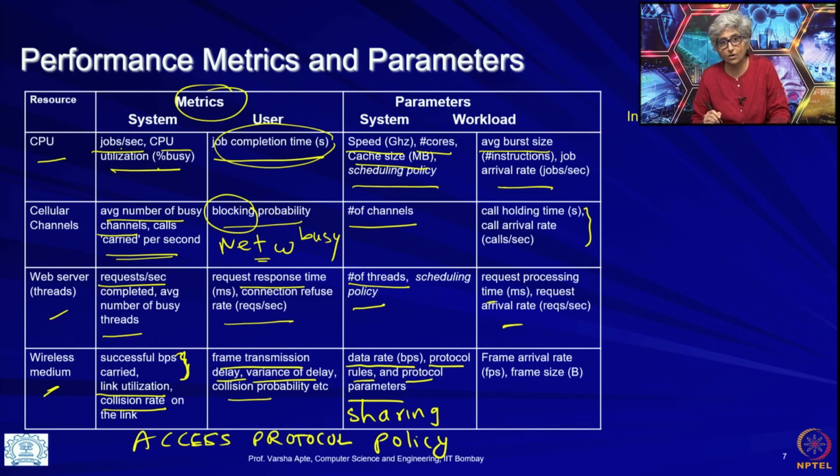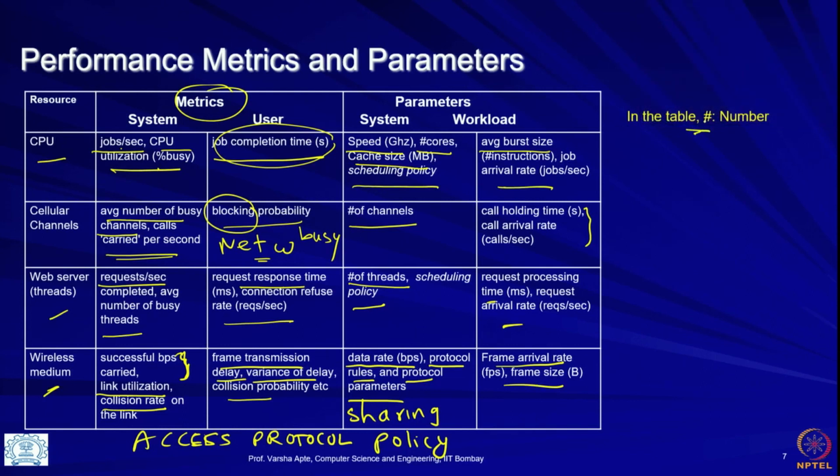How are you going to access the medium? If many laptops are using the same medium, there needs to be a way to share it. So, that will itself be a qualitative parameter, and then again we have frame arrival rate and frame size. In this table, by the way, the hash sign is for number. So, this is number of instructions, number of cores, number of threads, and so on.